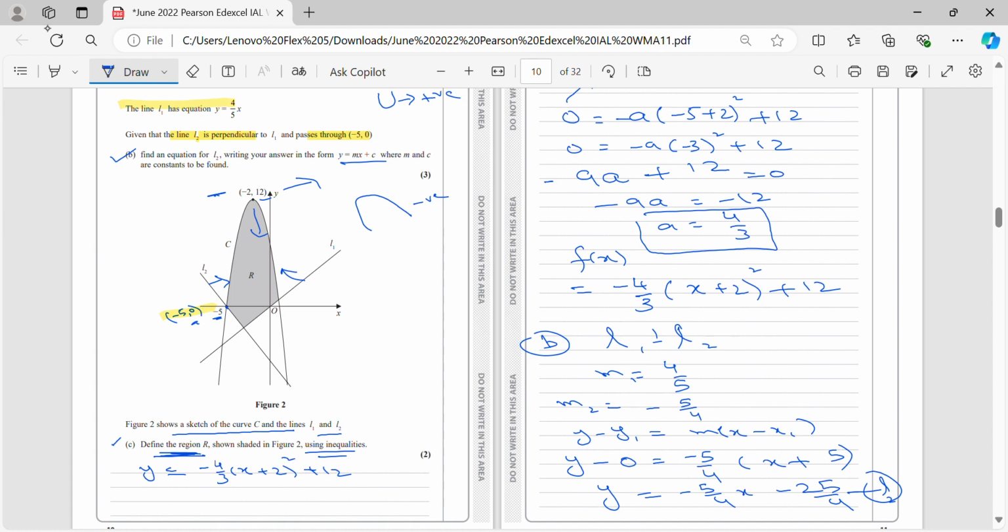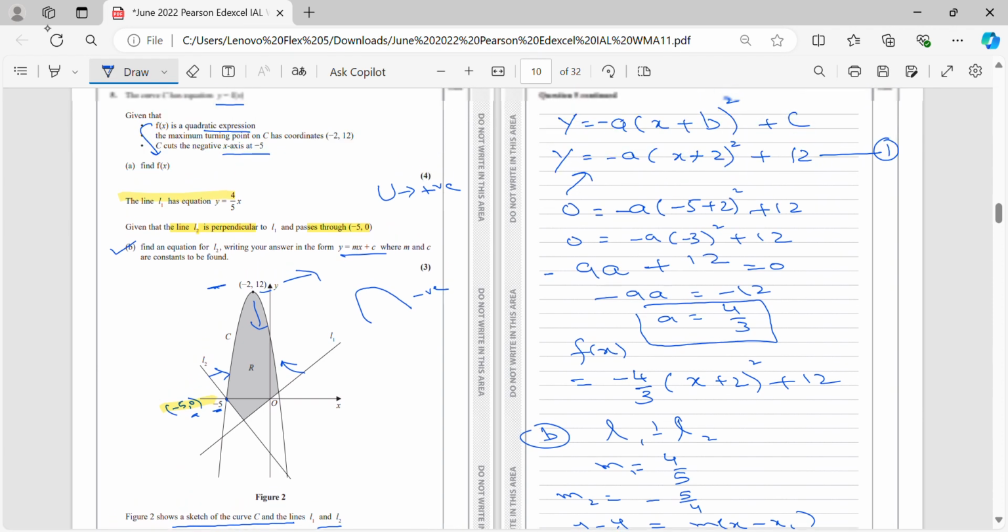Above the line L1 is y is greater than or equal to 4 over 5 x. And above the line L2 is y is greater than or equal to minus 5 over 4 x minus 25 over 4. This is the shaded region for part C.